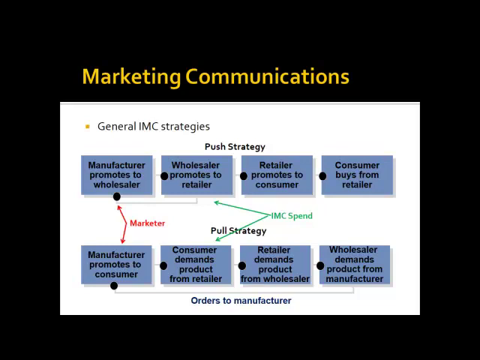A pull strategy is the opposite. So the manufacturer, the marketer, spends their money on the consumer. So that's where the dollars go. The consumer then walks into the retailer or the wholesaler, whoever's selling it, and buys the product.